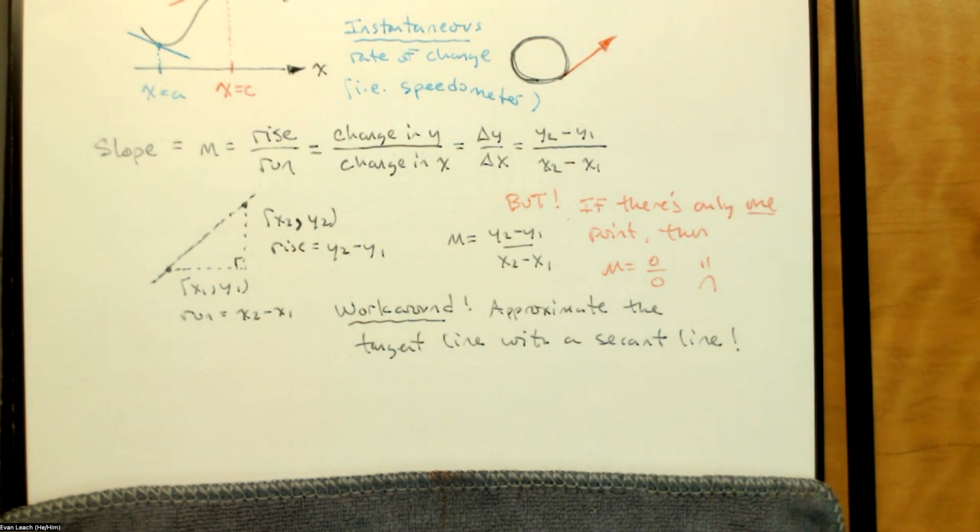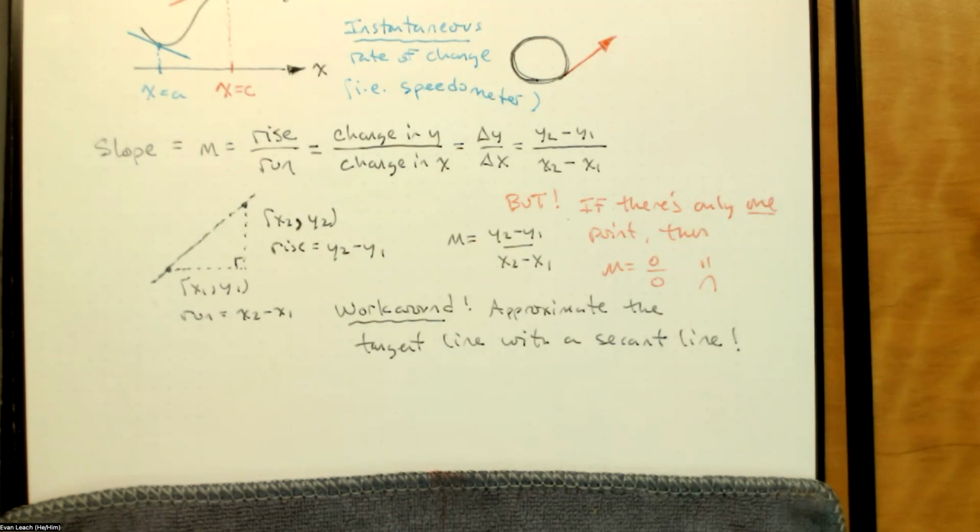We're going to approximate the tangent line with a secant line. Secant line just means we're going to pick 2 points and draw the line connecting those. Because if I have 2 distinct points, I can use the slope formula. I can do y2 minus y1, and I can divide by x2 minus x1.